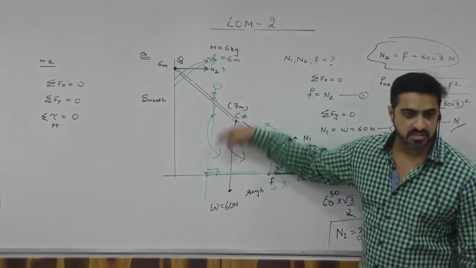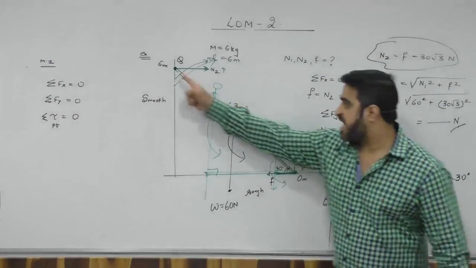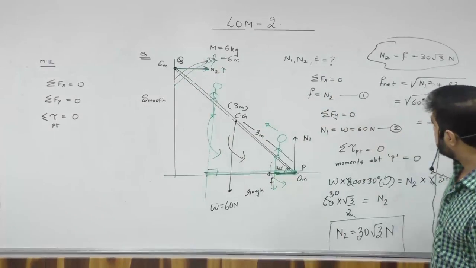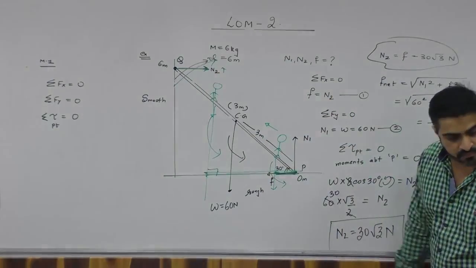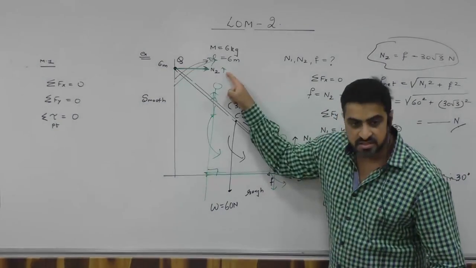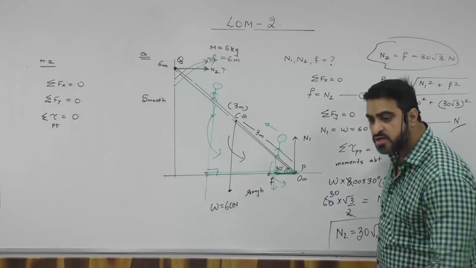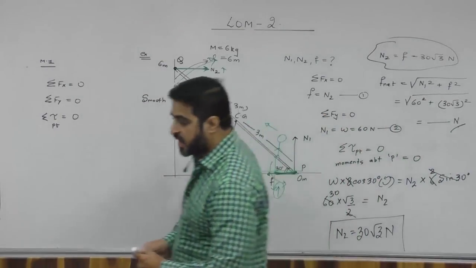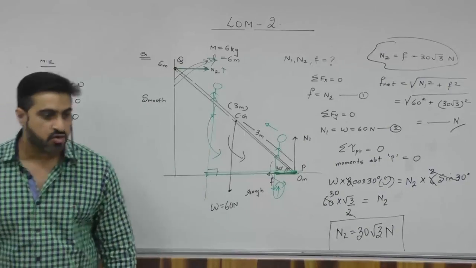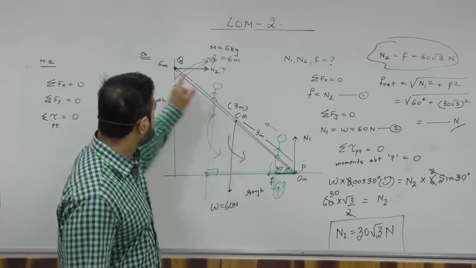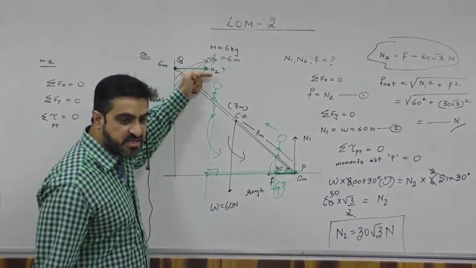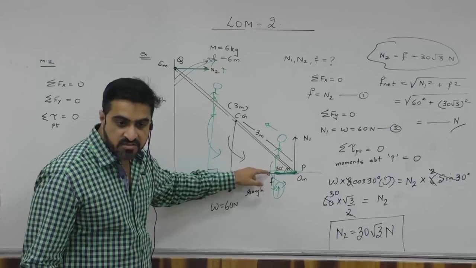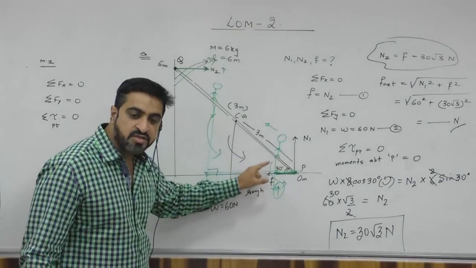To increase this, the reaction from the wall will increase, and we know that N2 is equal to F. So if N2 increases, this friction will also increase. Got it? So as the child moves up, the anti-clockwise moments will increase. For that, the clockwise moment also has to increase. For that, the reaction from the wall will increase, and because of this, the friction will also increase. And friction maximum is how much, beta?